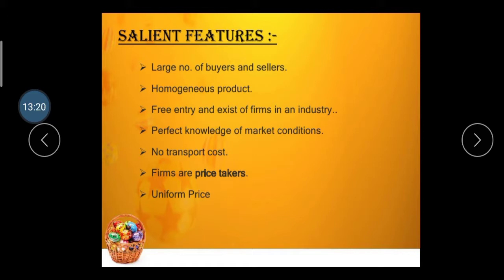Fourth, perfect knowledge of market conditions: both buyer and seller have perfect knowledge about the market situation. Then no transportation cost. Then firms are price takers, meaning they have to take the price decided by the market, right? They cannot be price makers. Then uniform price: both firms in the competition have to follow the uniform price level.